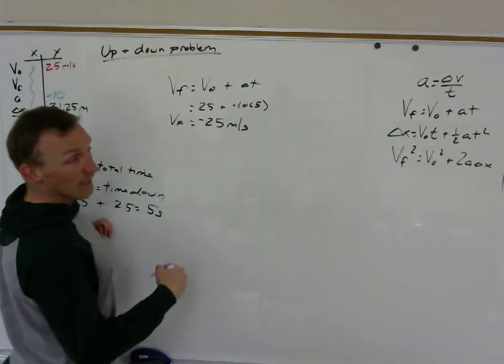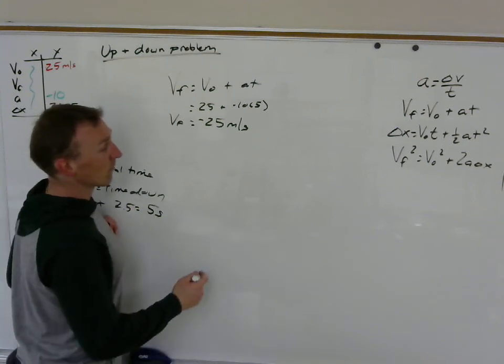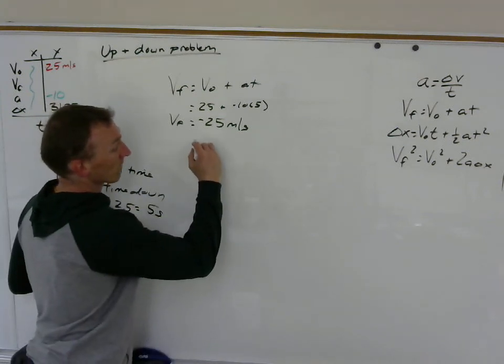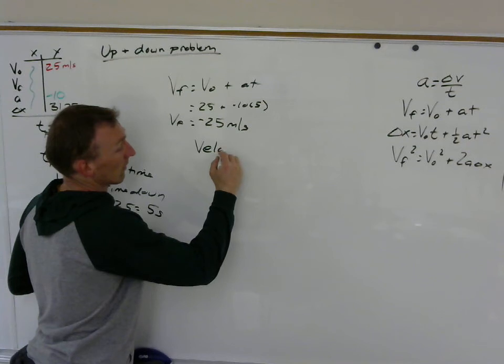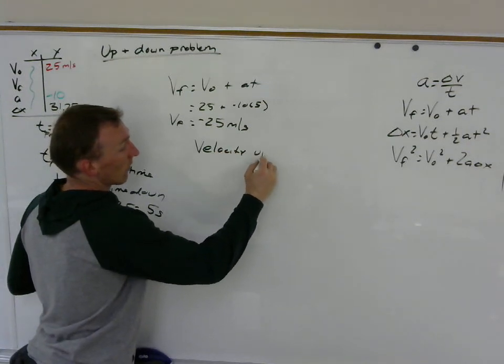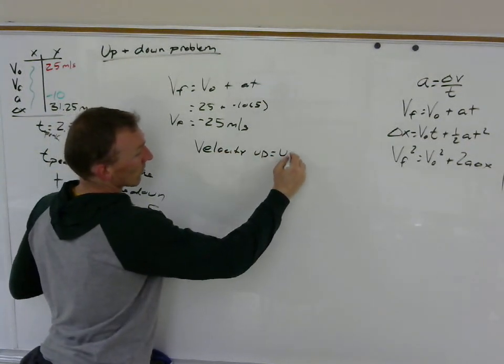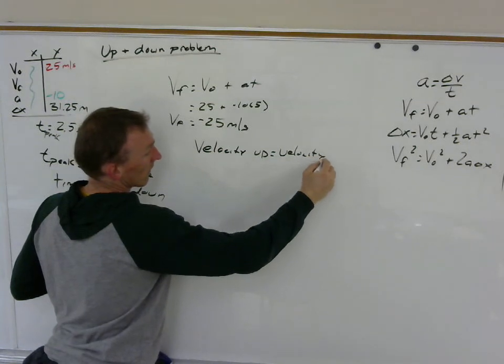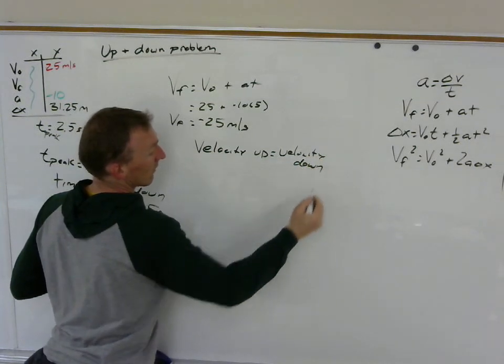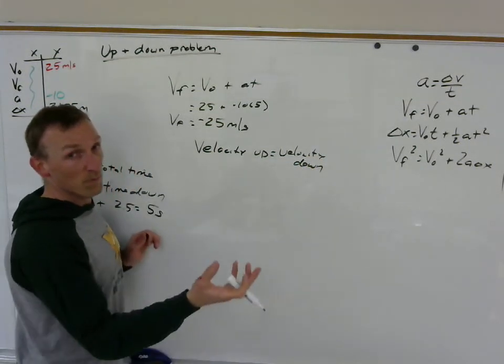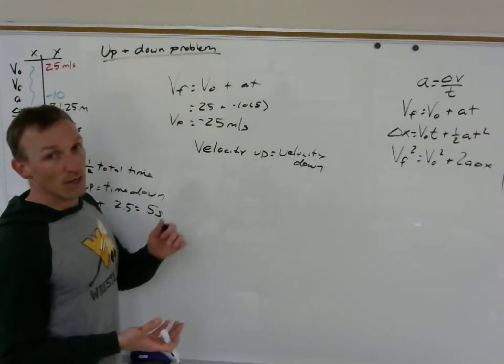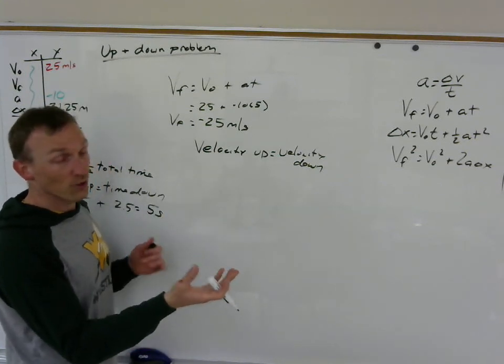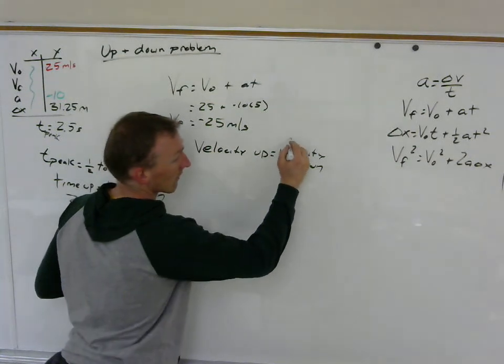So the other thing that is consistent about these up and down problems is the velocity going up equals the velocity coming down. Meaning the velocity that I throw it up at, that initial velocity, will equal the final velocity right when I catch it, just opposite.